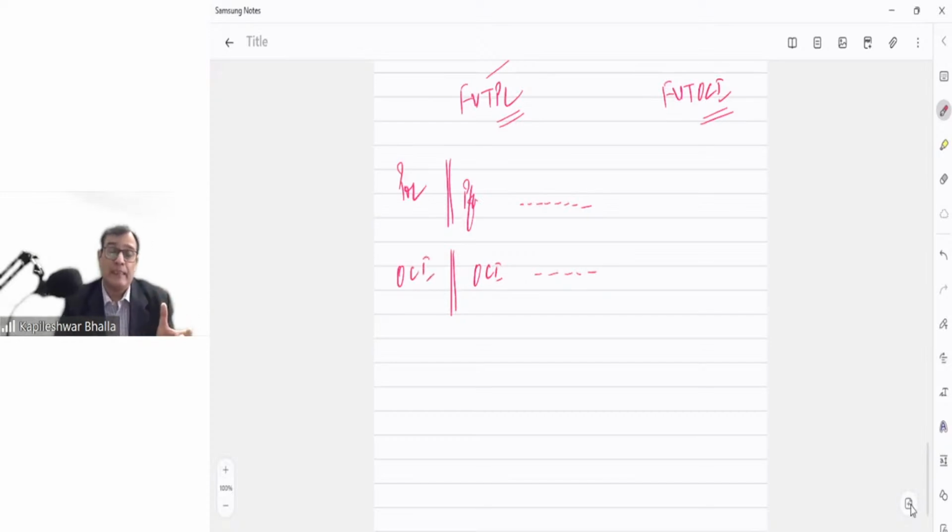As we know, the profit and loss account is supposed to be divided in two parts, but it's a running format: one is the profit and loss section and one is the other comprehensive income section. So when you say that the fair value changes will be taken in the P&L, let's say the investment at the beginning of the year is 2 lakh and the investment at the end of the year is 3 lakh.